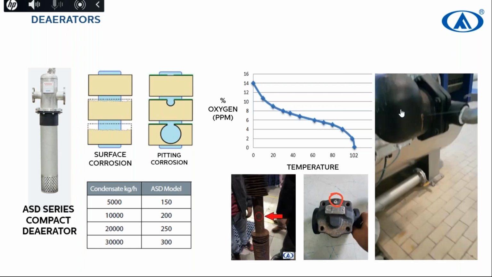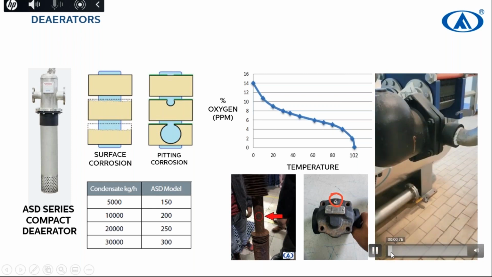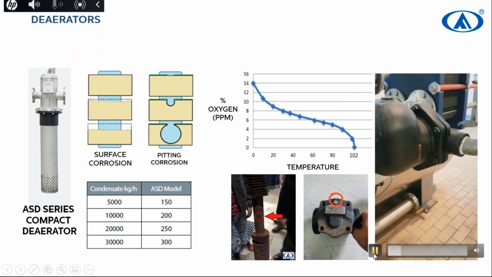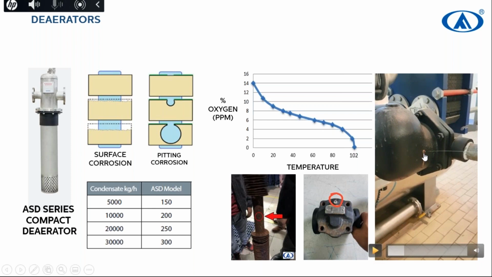This is what happens if you don't use deaerators on your lines. The heat exchanger tubes can get holes. The steam trap body cover can get holes. Also, you can see from here, I would like to warn you about the noise. Let's see. As you see here, it's because of the pitting corrosion on the body. It can also be on the cover in steam traps.